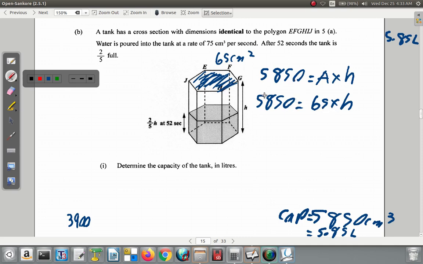So the capacity, being 5850 cm cube, is the area times the height. If you want height now, 65 times height is equal to 5850, and you want height alone, you divide by 65, cancel down, divide by 65. What do you get? Let's see.